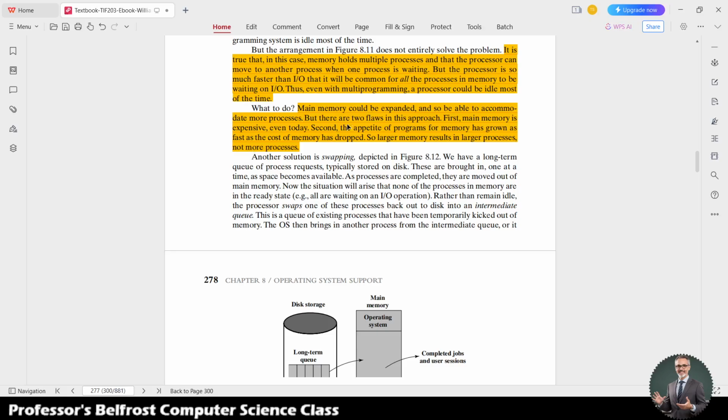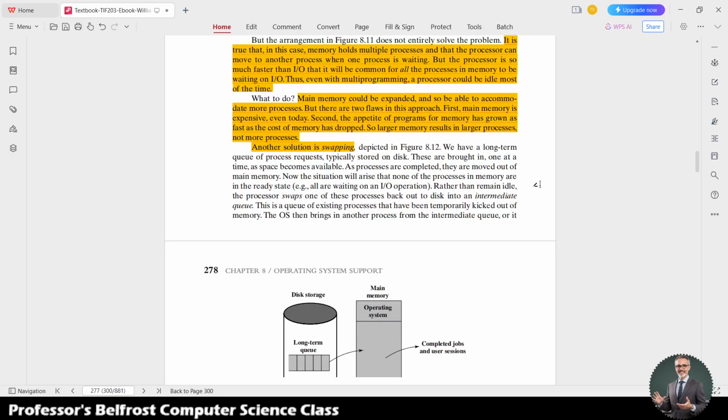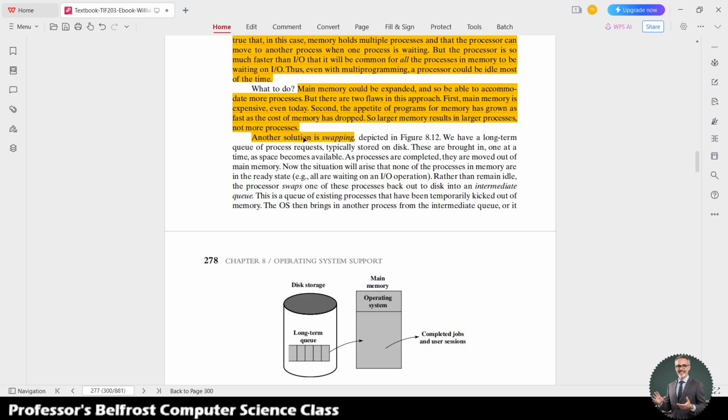So to solve this kind of problem, we have another solution, which is swapping. We have a long-term queue of process requests, typically stored on disk, and they are brought in one at a time as space becomes available. As processes are completed, they move out of main memory. Now the situation may be that none of the processes in memory are in the ready state.